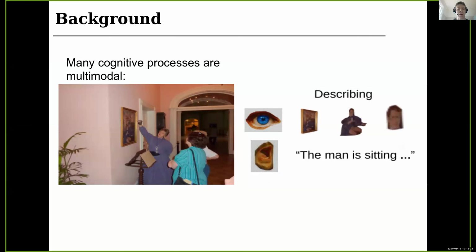Here's another example. We have a woman here describing or explaining something in a painting. And of course, she's looking at the painting, picking out certain objects, and then she's uttering sentences like the man is sitting there with a, I don't know, violin or whatever it is. And again, this is a multimodal process. The speaker is looking at the painting, but she might also be looking at the audience.